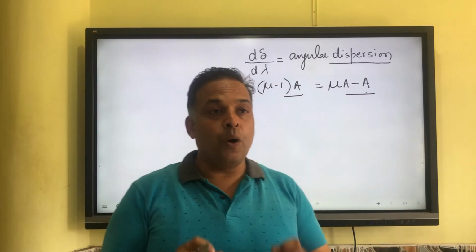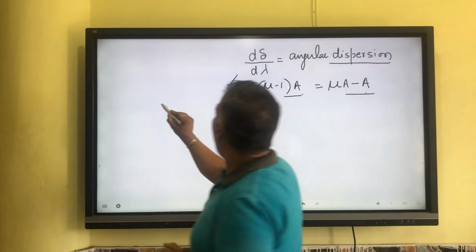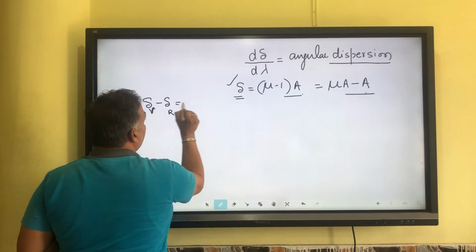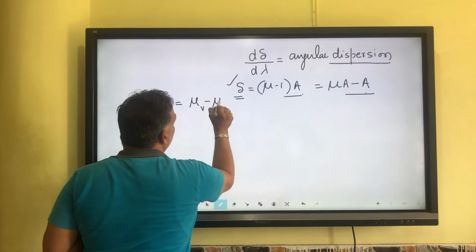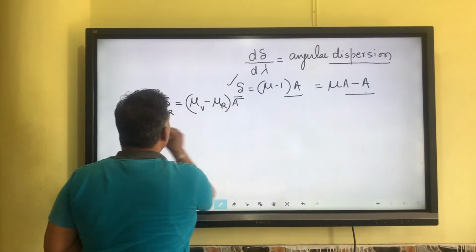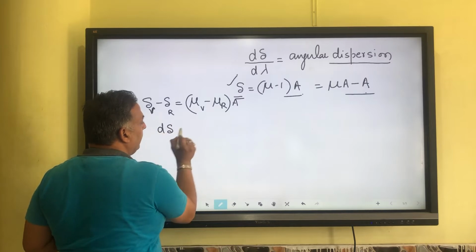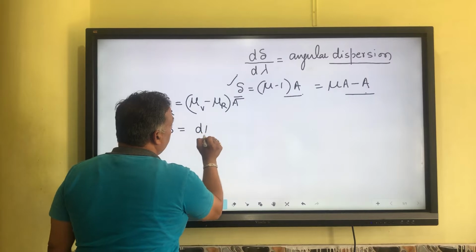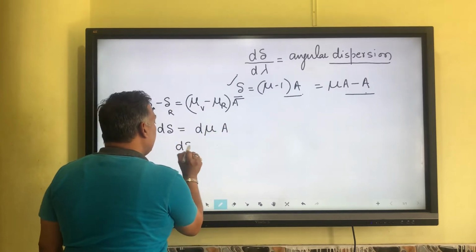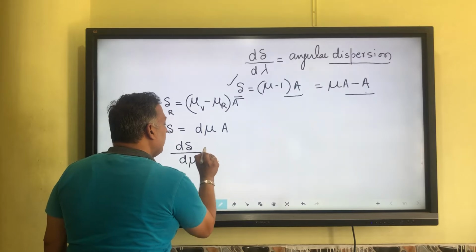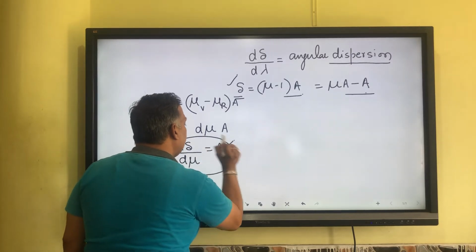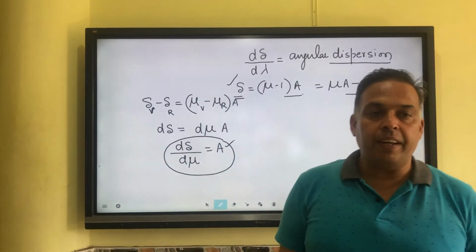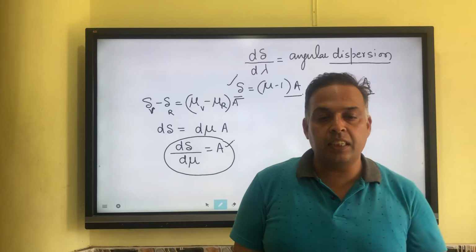But we know that delta V minus delta R is (mu V minus mu R) into A. We can take this as d delta equal to d mu into A. So d delta upon d mu is equal to A, a small change in deviation angle upon a small change in refractive index.